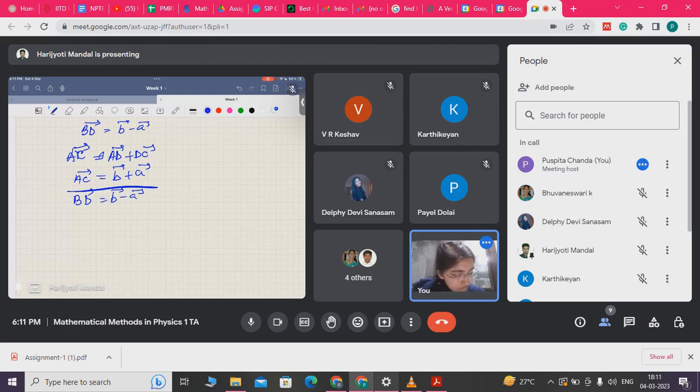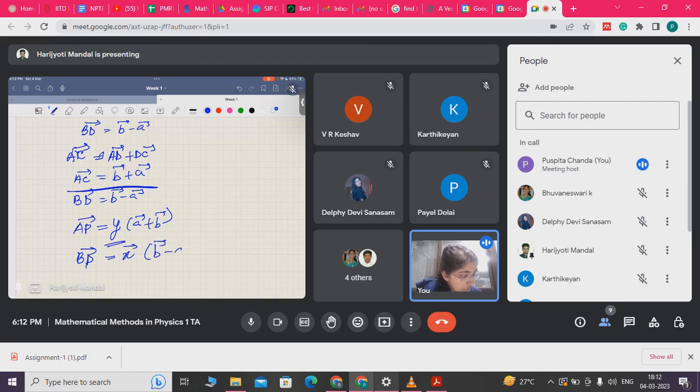So we can write AP, whose direction is along AC, as some constant Y times A plus B. This is a scalar. And also BP will be in the direction of BD.